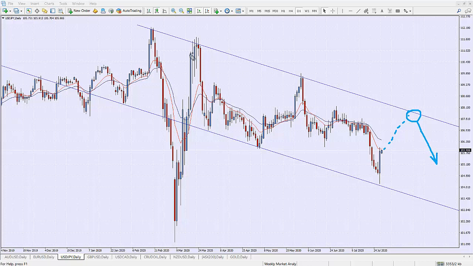First of all, I would have 4 touches, and also it's inside a falling channel. A falling channel or a rising channel is generally providing a much higher probability type trade. So we will try and attempt to trade within the channel for the US yen, and that's our game plan until we move out of that region. All right, so let's monitor that.